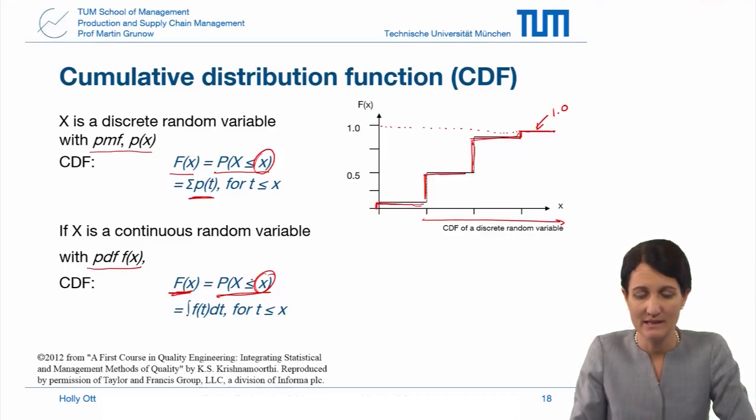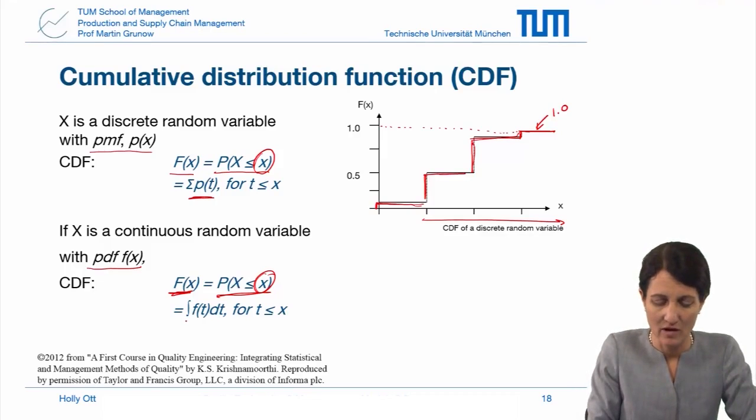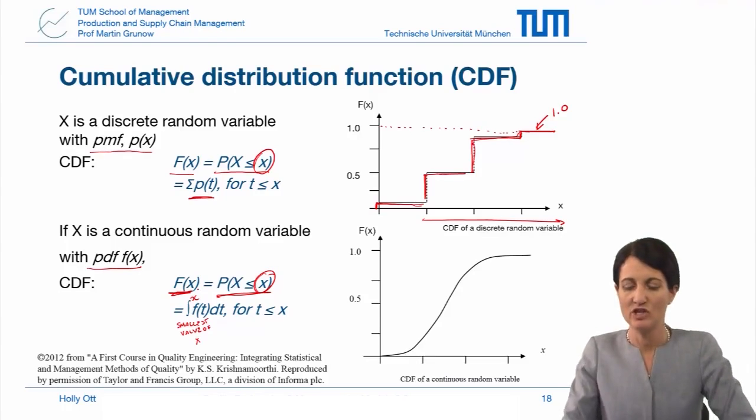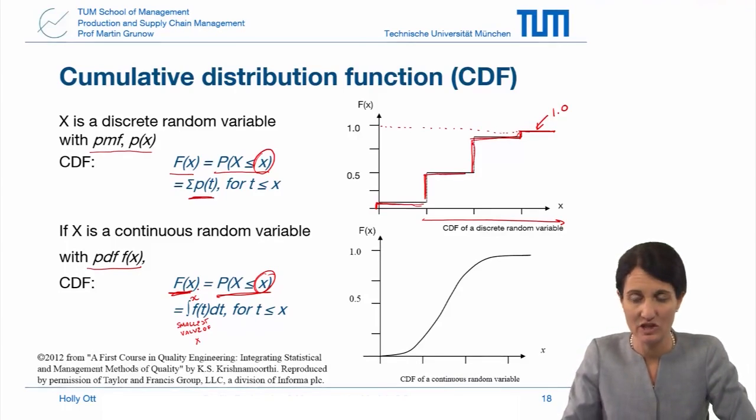But in this case, we need to look from the smallest value of x to a certain x value. And we can show this with a continuous function.